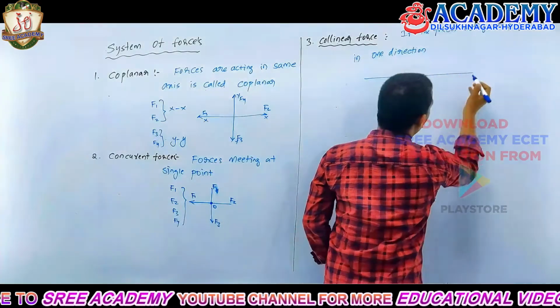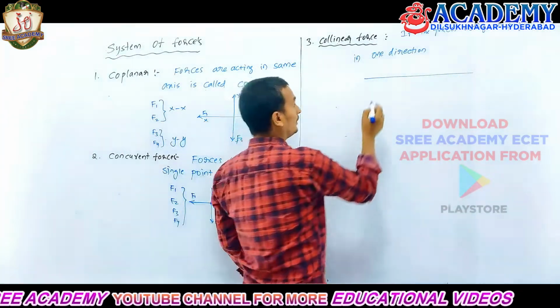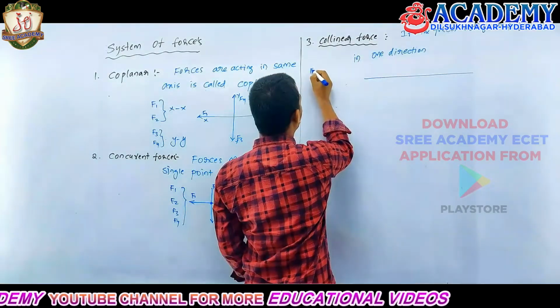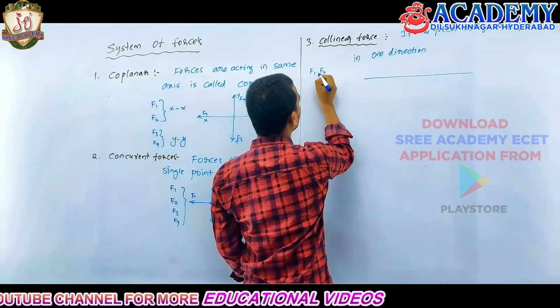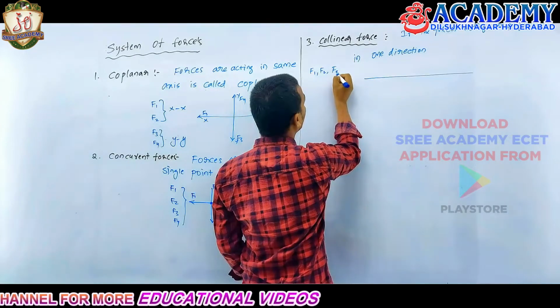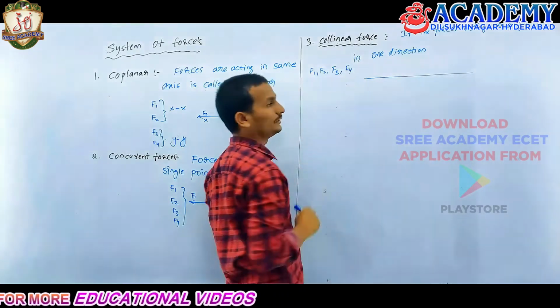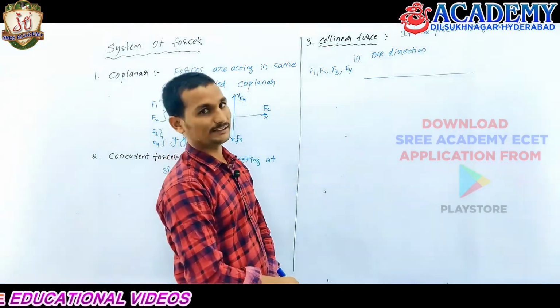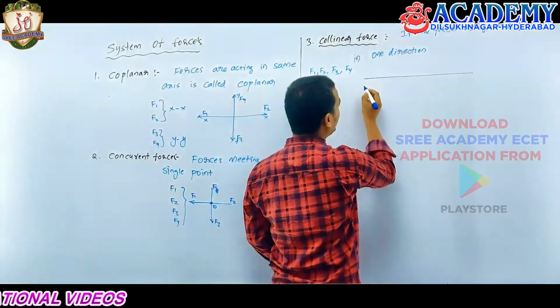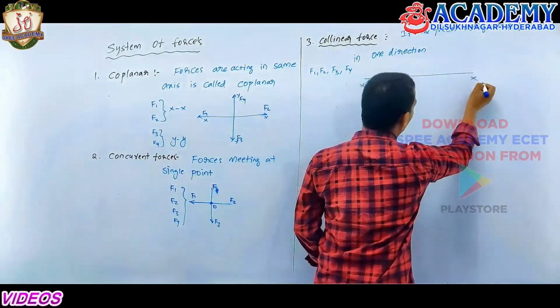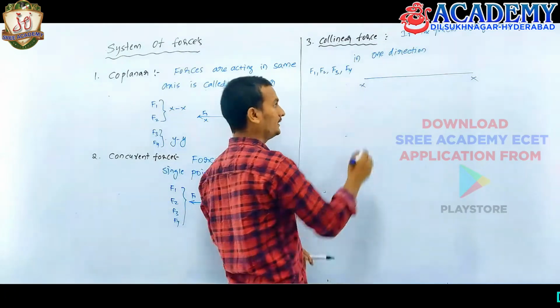See, this is one plane and here I am taking F1, F2, F3, F4. So these are the four forces. This is one plane. Take this as an XX plane, right?